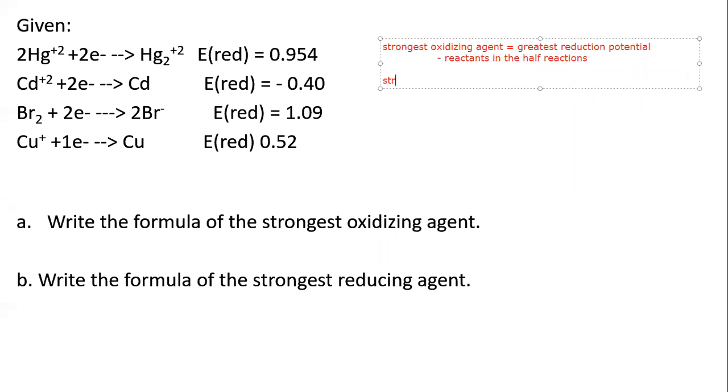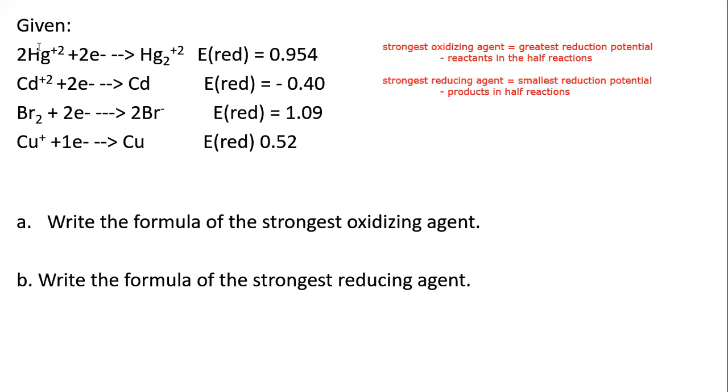Now, strongest reducing agent would be the one with the smaller or smallest reduction potential. And for reducing agents, these are going to be products in the half reactions.